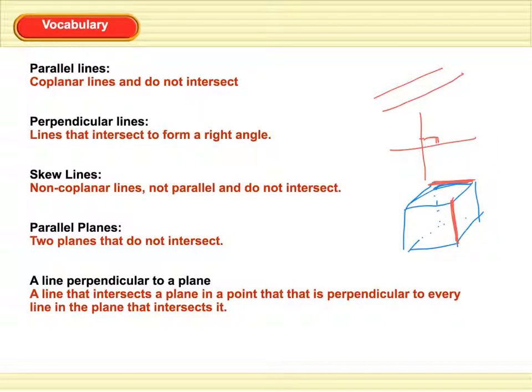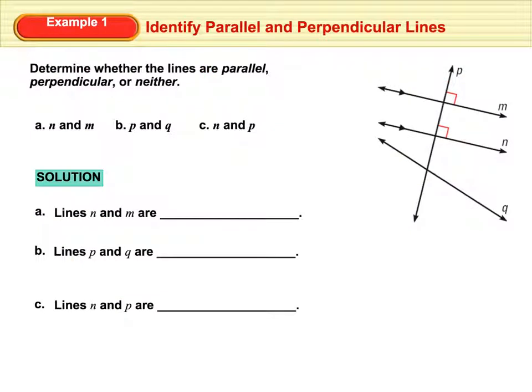It doesn't matter how many lines you draw on that sheet of paper, those lines are always perpendicular to your pencil. All the lines on that sheet of paper form a 90-degree right angle with the pencil that you hold up on top. So that's what we call a line perpendicular to a plane.